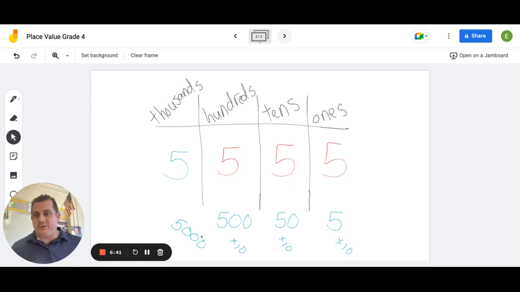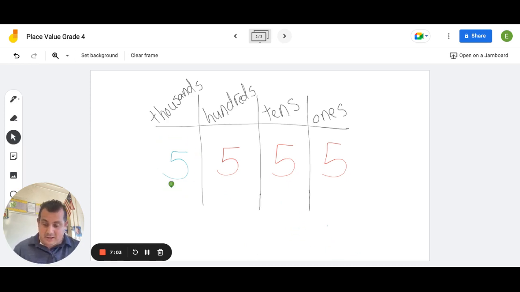So it's just important to know that when we go from one place value to the next, it gets 10 times greater, 10 times greater, 10 times greater, obviously if you're starting from your smaller place value. We didn't do this today, but if you're going the other way, if you're starting in the 5 in the thousands place and you go to the 5 in the hundreds place, you're getting 10 times smaller, 10 times smaller, 10 times smaller.